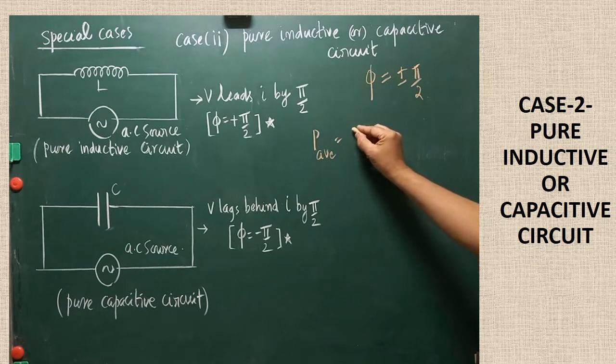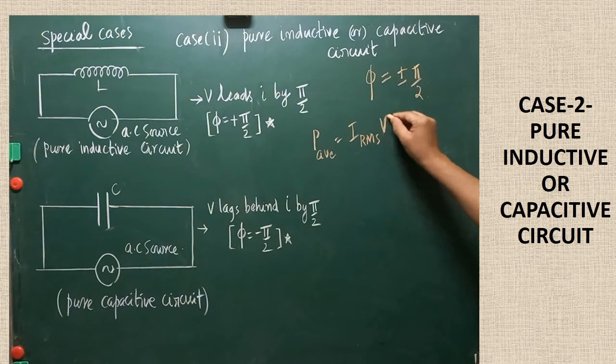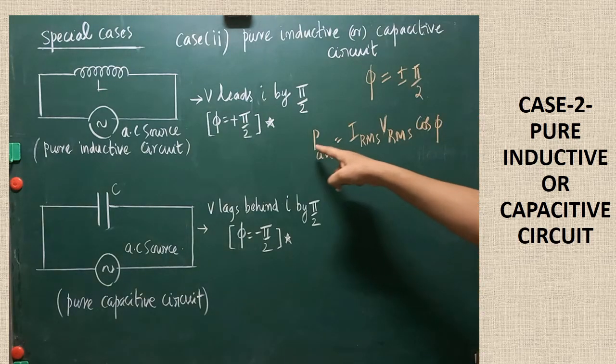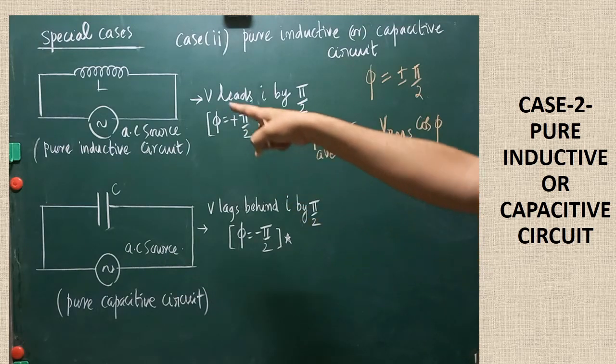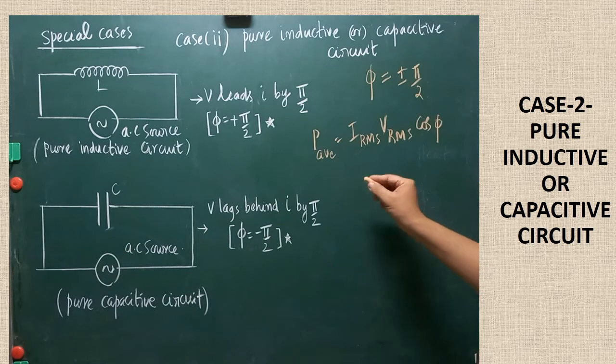Already we have learned the formula. What is the formula? Irms and then Vrms, cos phi. So this is the formula. With the help of this, we are able to calculate the average power in both the pure capacitive circuit and the pure inductive circuit.